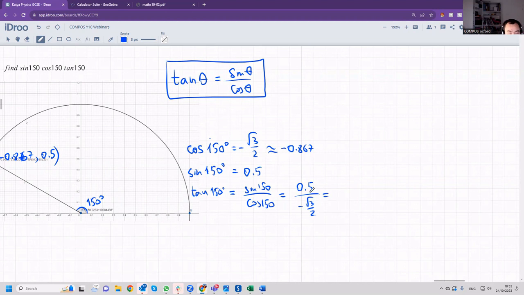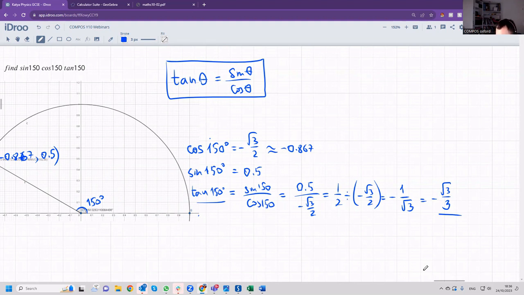If you do this, it's 1/2 divided by minus square root of 3 over 2, which turns out to be minus 1 over square root of 3, which can be simplified as minus square root of 3 over 3. So tangent 150 is minus square root of 3 over 3.